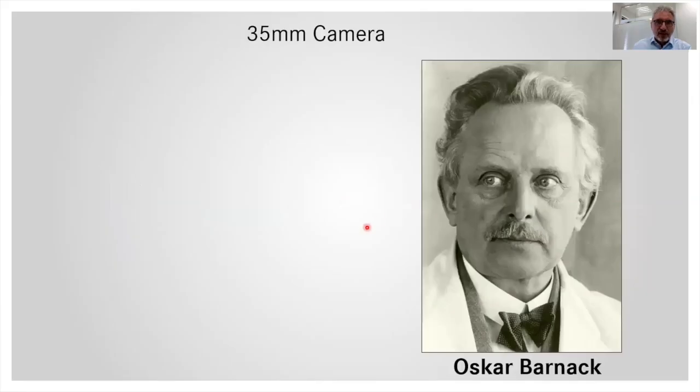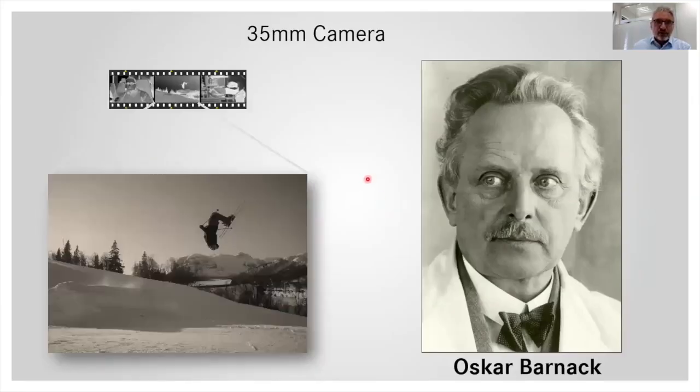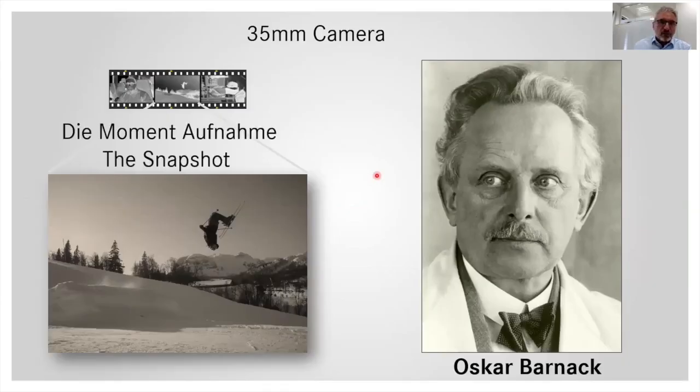And Oscar Barnack had an idea for the 35mm camera at Leica, and his idea was to create a system with which you are able to take snapshots, or we call it in Germany Momentaufnahme. He had the idea to take a smaller format to get a better depth of focus, even though you do not stop down so much.